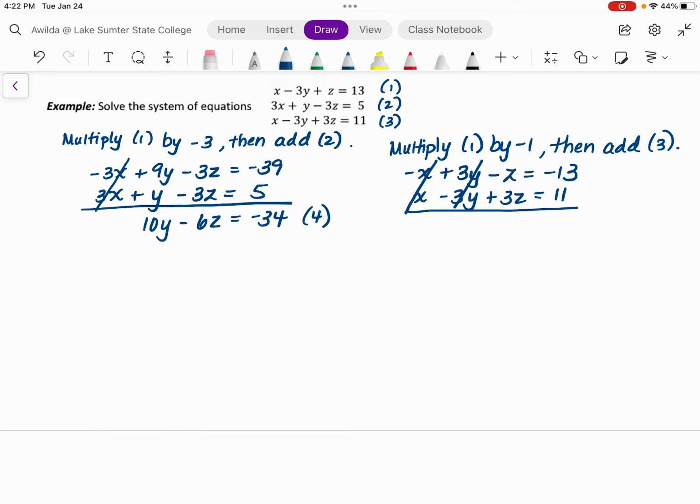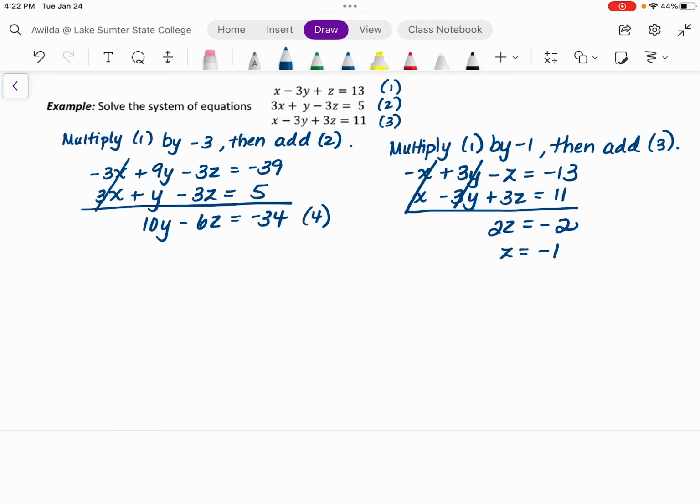That wasn't intended, but it's nice. And then negative z plus 3z is equal to 2z. That means that I can, I made a mistake there. Negative 13 plus 11 is not 11, is it? I'm going to go ahead and write that as a negative 2. We get that z is equal to negative 1.